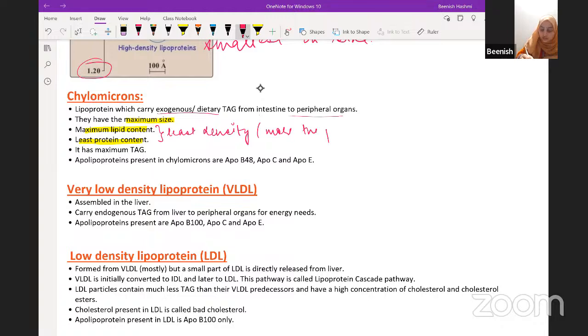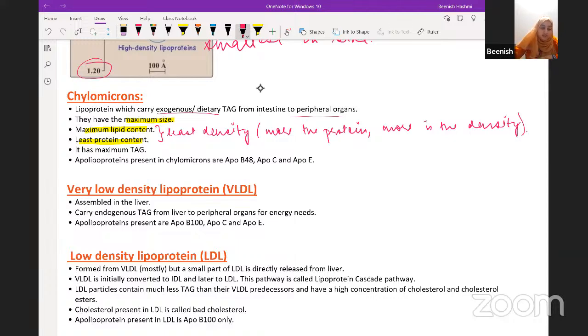So since they have the least protein, your chylomicrons are the least dense.